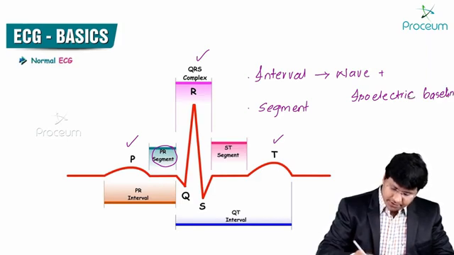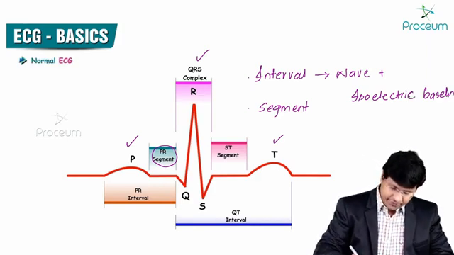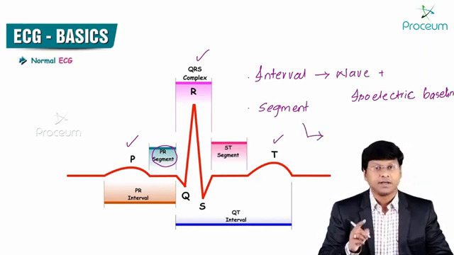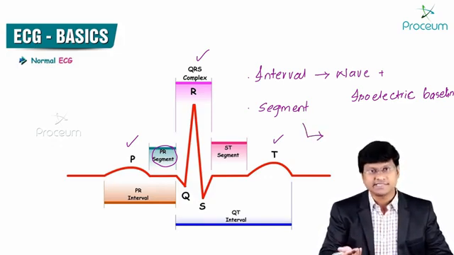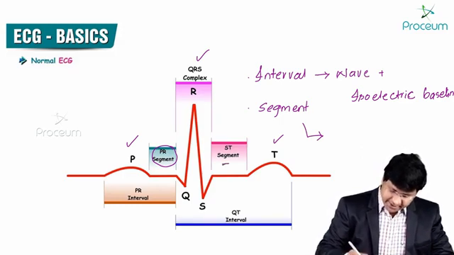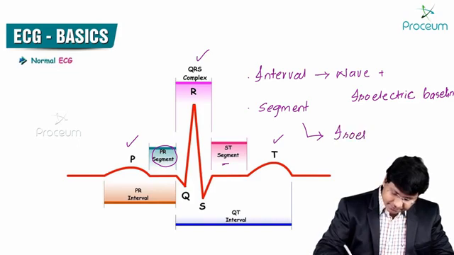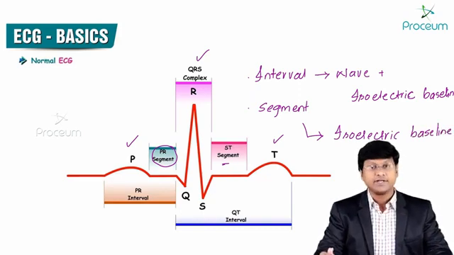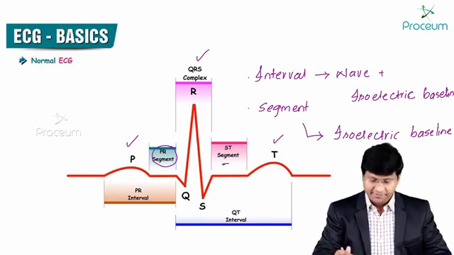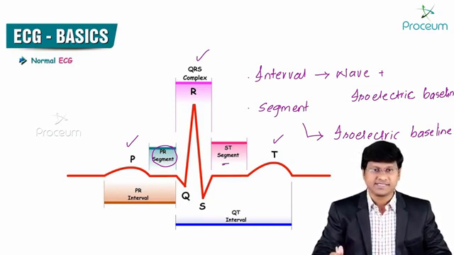That is your interval. And if you take a segment, for example the PR segment or the ST segment, that contains only isoelectric baseline. So that is the difference between the interval and the segment.